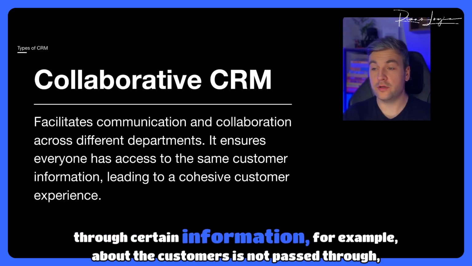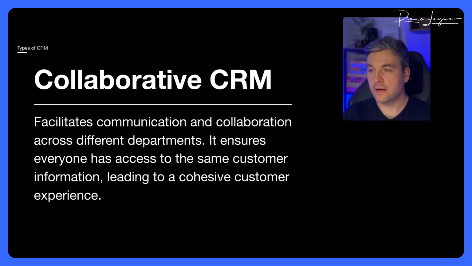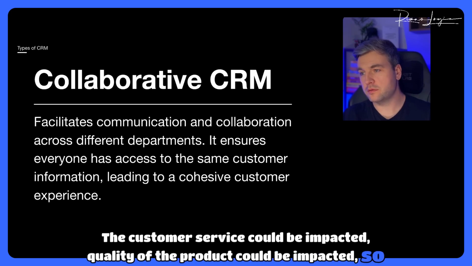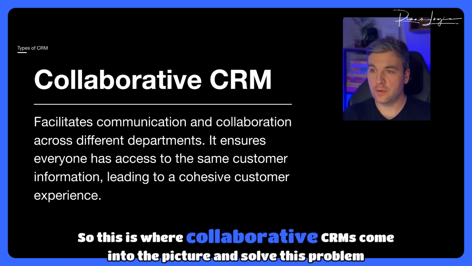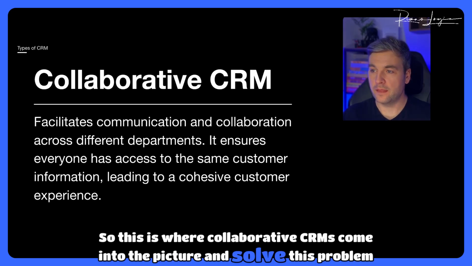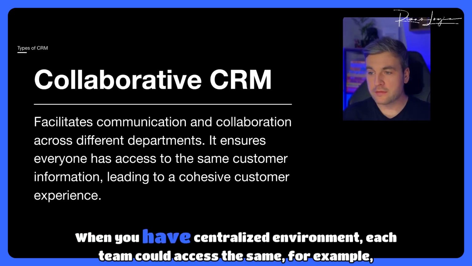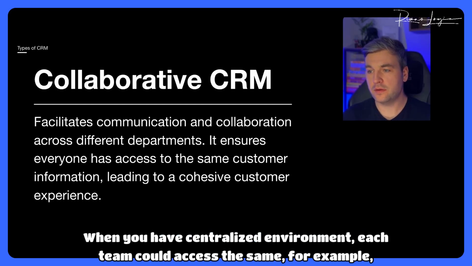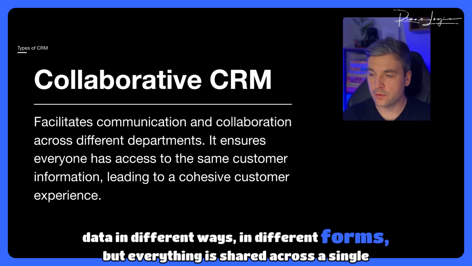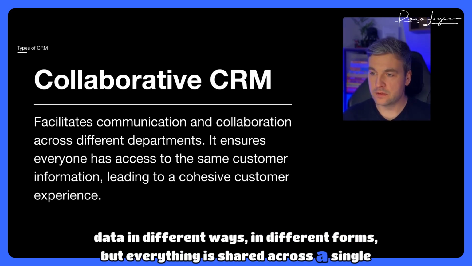Certain information, for example about the customer, is not passed through, which means that customer service could be impacted, quality of the product could be impacted, and so on and so forth. So this is where collaborative CRMs come into the picture and solve this problem for you. When you have a centralized environment, each team could access the same data in different ways, in different forms, but everything is shared across a single system.